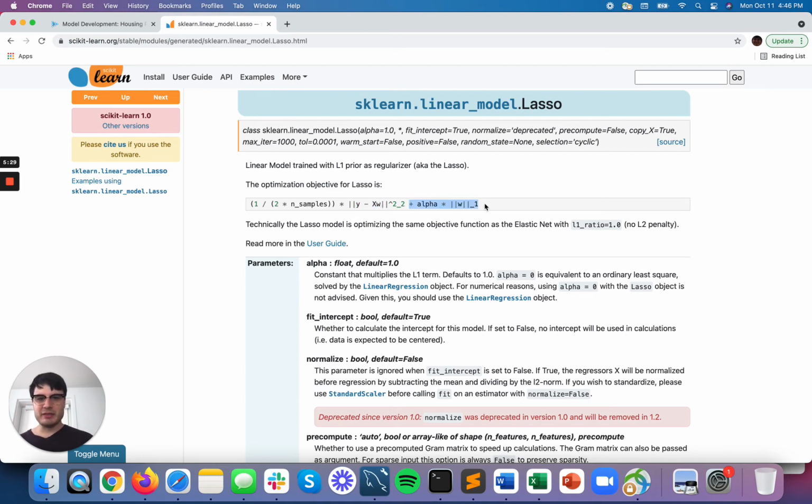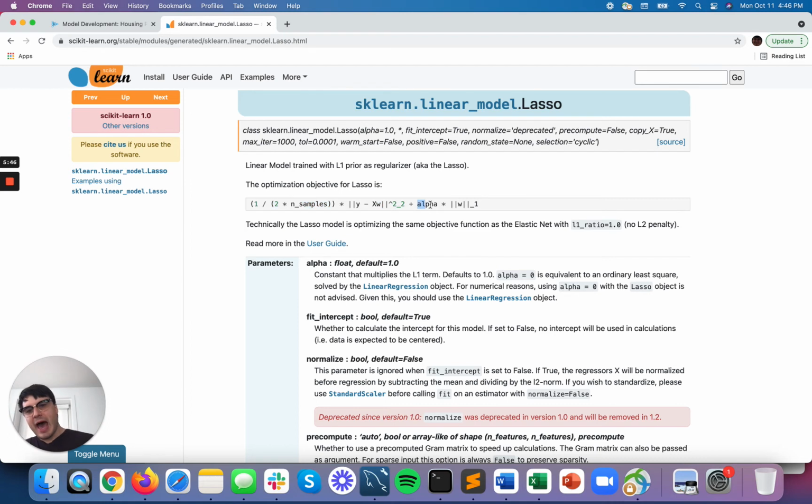However, with the regularization, we add this extra term here, plus alpha times the weights of the model. So why do we do that? Well, if we keep in mind that the goal of linear regression is to minimize this difference, we want this value to be as small as possible.